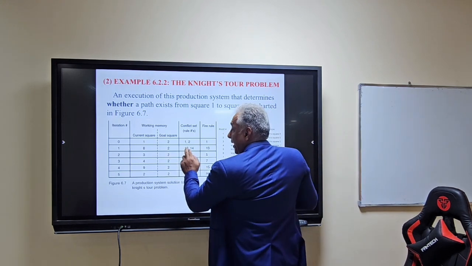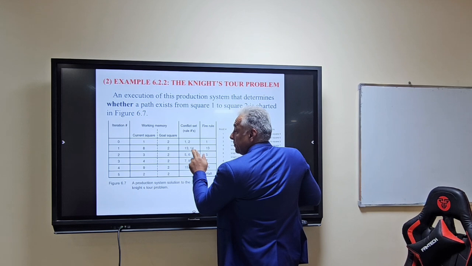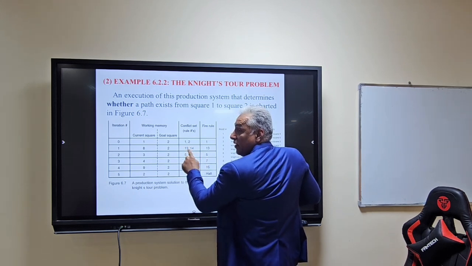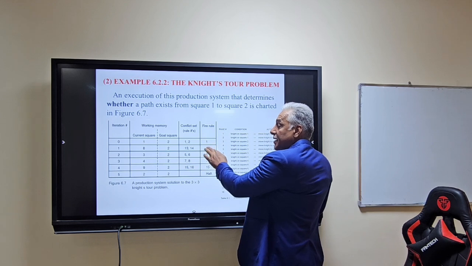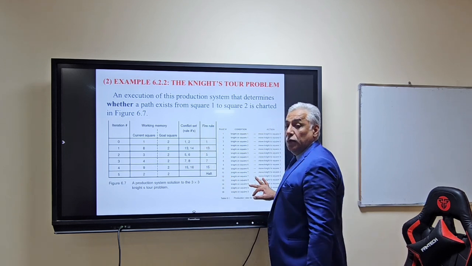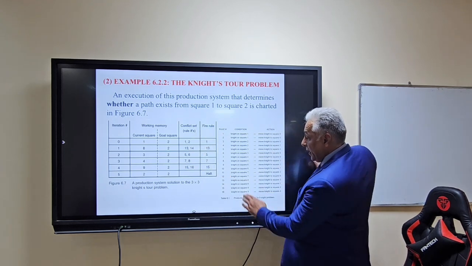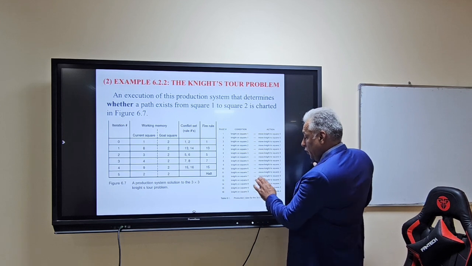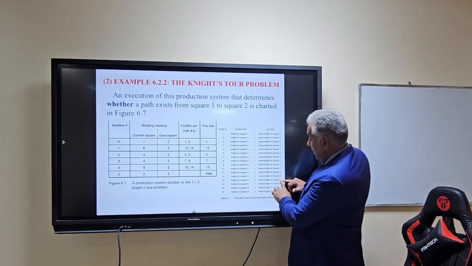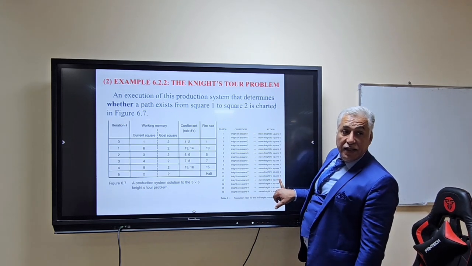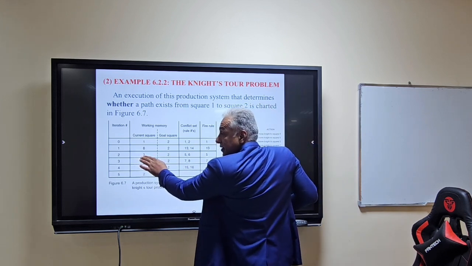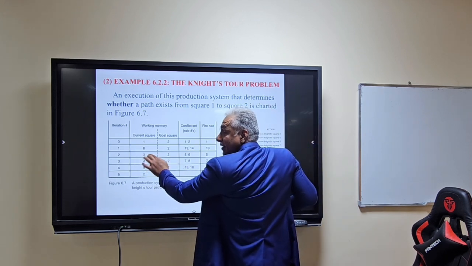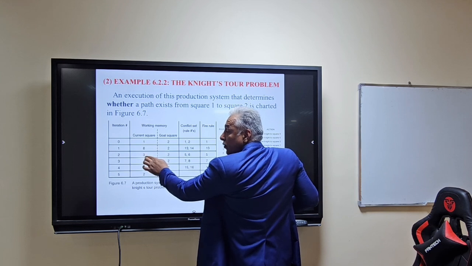Now I write 13 and 14, and we will select the first one as the firing rule. This is writing 13. Now implement rule 13: the knight moves from square 8 to square 3. The new location will be 3. I will update the working memory from 8 to 3.